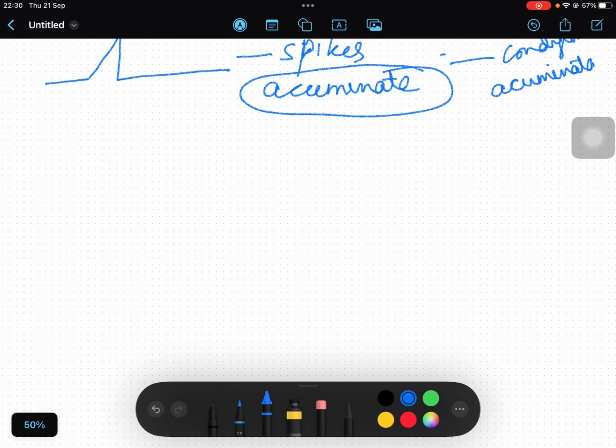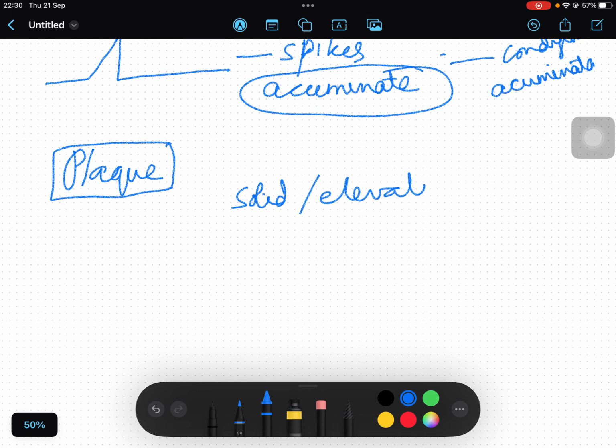The other primary lesion is plaque. Papules are solid elevated small lesions less than 0.5 centimeter. Plaques are also solid and elevated lesions, but they are more than 0.5 centimeter, and some textbooks mention more than 1 centimeter.